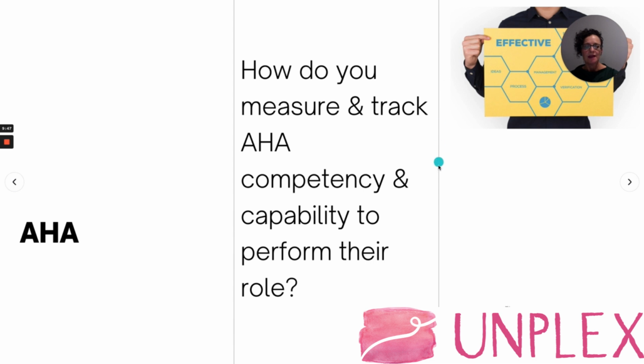Key to an allied health assistant's ability to provide high quality care to the clients is their level of competency and capability in performing their role. How are you going to track and measure how well allied health assistants are doing this, and if they're improving, and if that's influencing client outcomes?